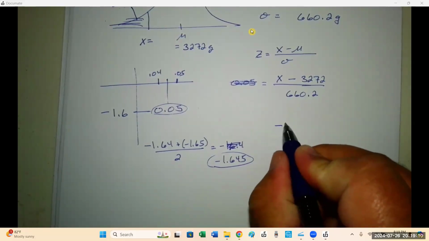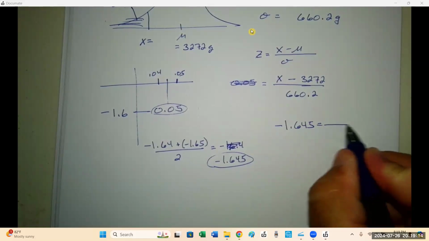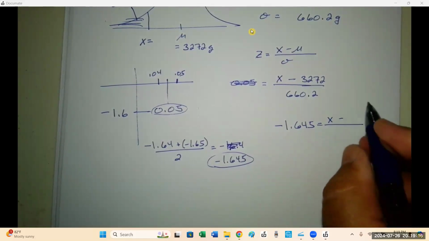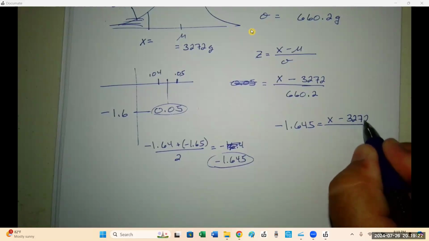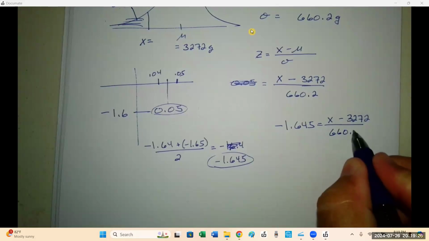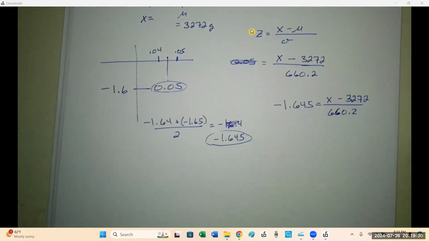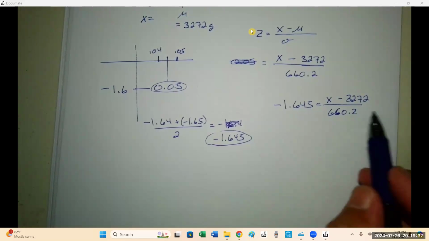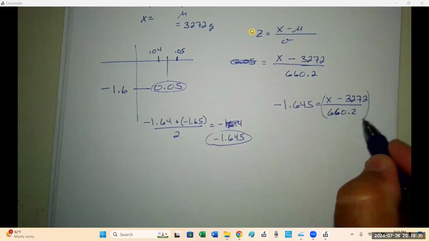So we have negative 1.645 equals x minus 3272 over 660.2. First step is get rid of the denominator.